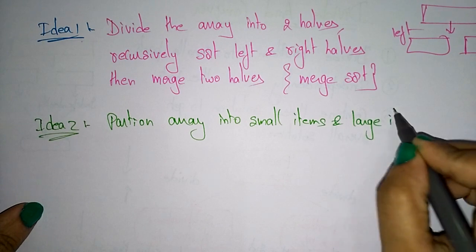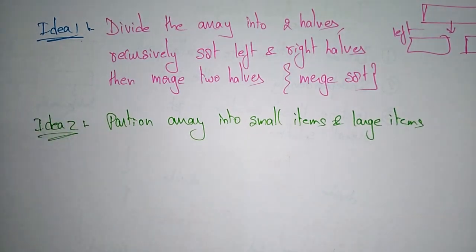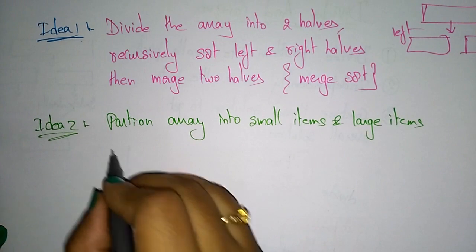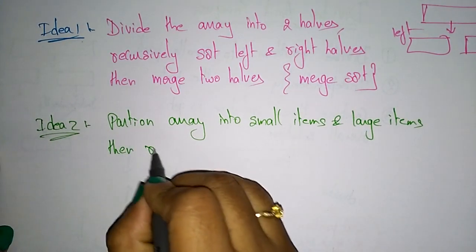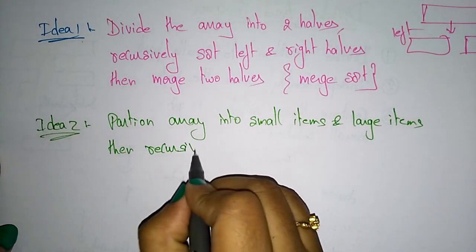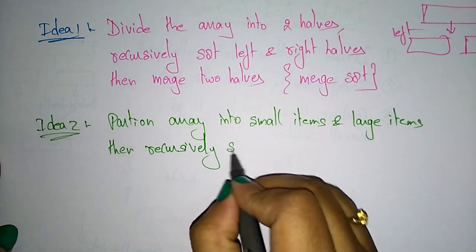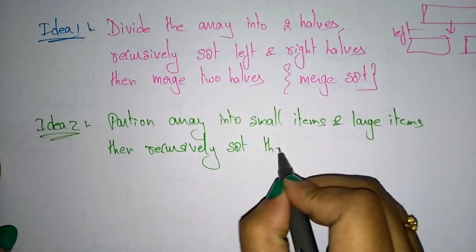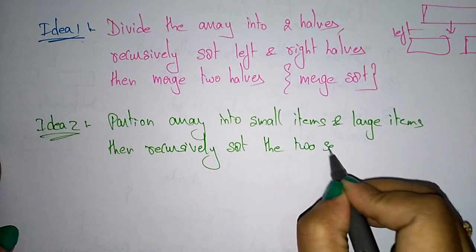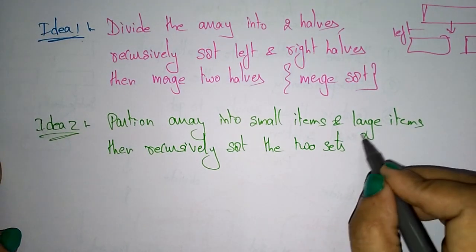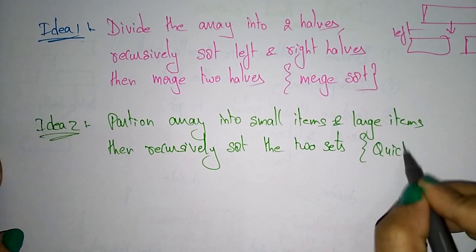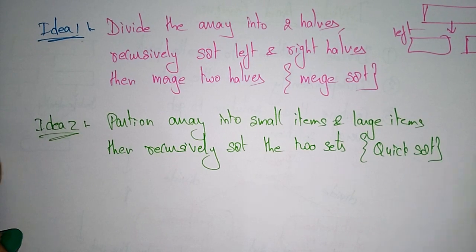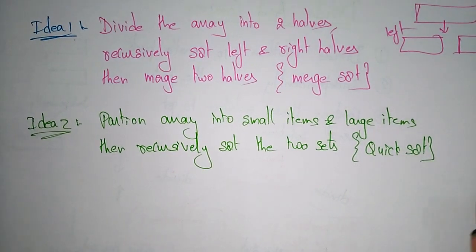Take all the small items and the large items into separate groups. Then recursively sort the two sets. This technique you call quick sort. These are the most important techniques, the examples for the divide and conquer method.